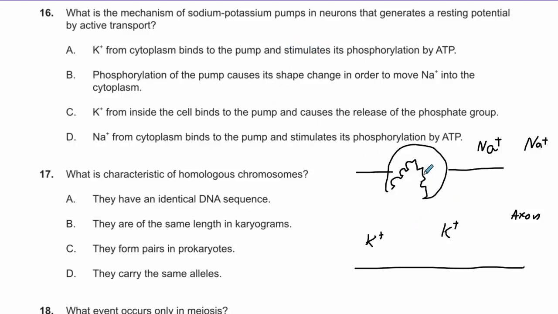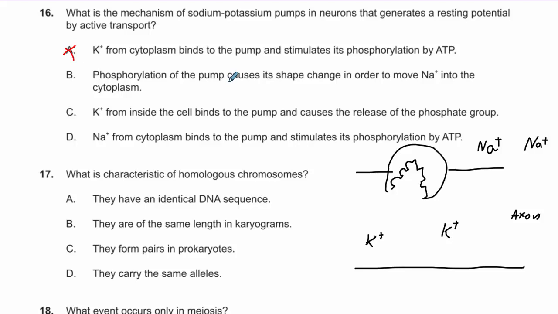So this pump does not transport potassium from the cytoplasm. The reason being, it transports potassium from the outside of the cell into it, because during the resting phase the potassium is inside. So that is wrong.